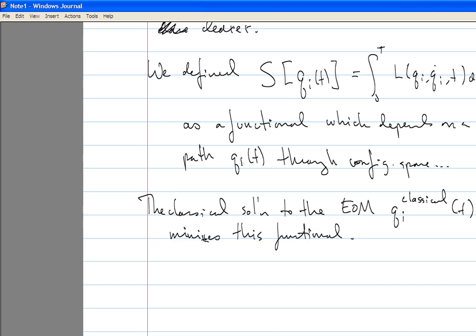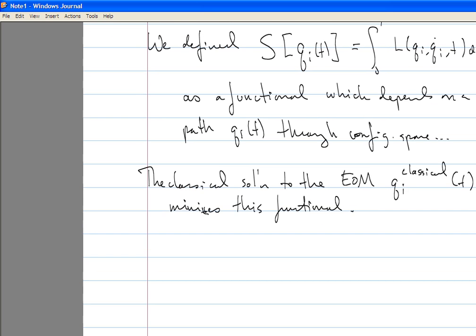So what I would like to do now is look at this action, and think of this action in a slightly different way. So rather than regarding this action as a functional which depends on an arbitrary path through configuration space, I would like you to consider the action only evaluated on a classical solution to the equations of motion.